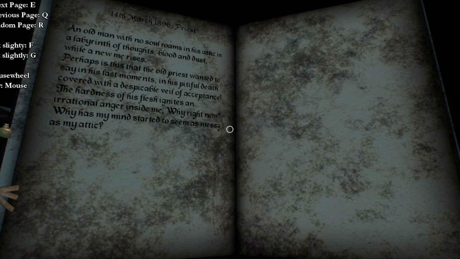14th of March, 1896. Priest. An old man with no soul roams in this attic in a labyrinth of thoughts, blood, and dust, while a new me rises.